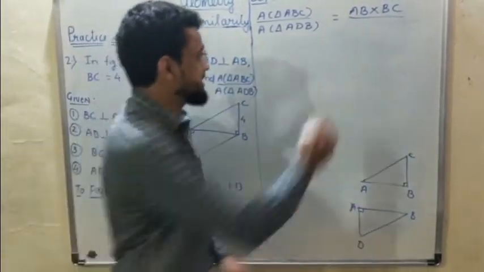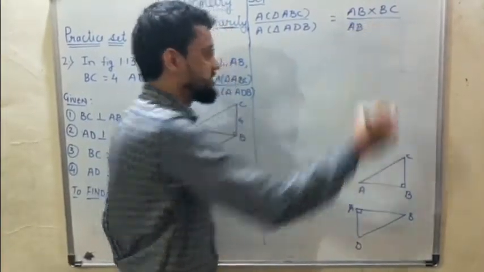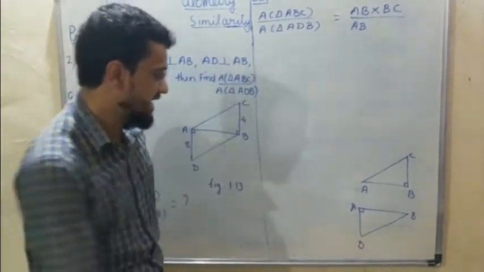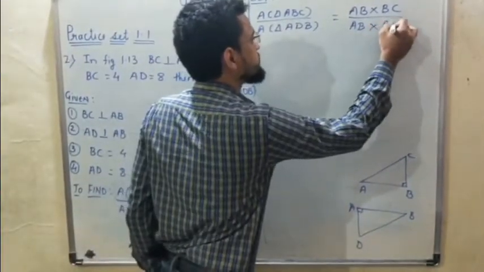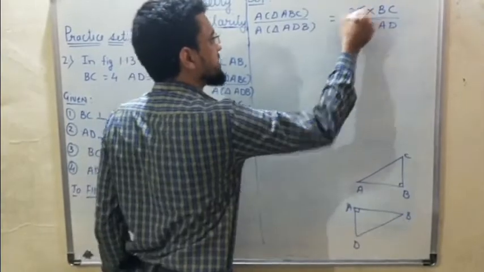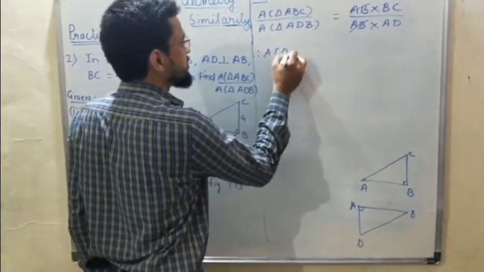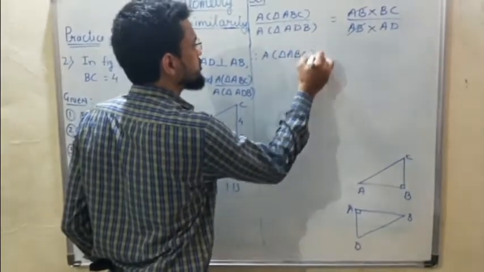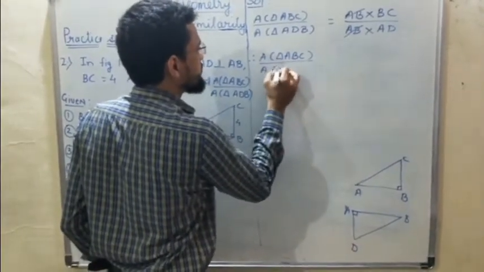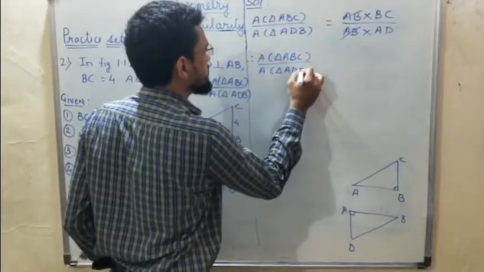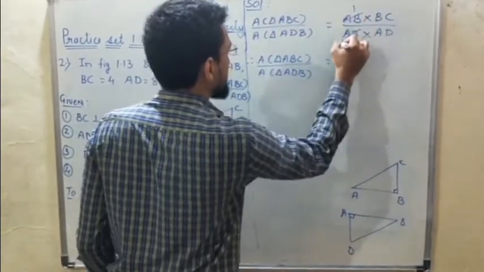The base will be again AB. These two triangles have common base, and height will be AD. So AB and AB get cancelled.